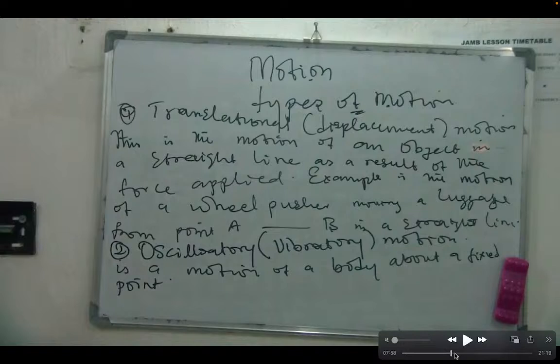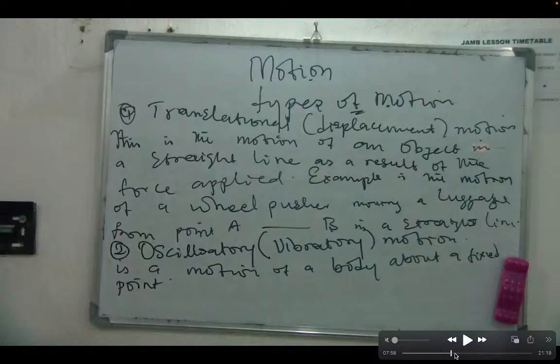So when you talk about the motion of, like, the guitar you use in your church, when somebody plucks the string of the guitar, you find out that the string is moving up and down about a fixed point. We call that vibratory motion. Another good example of oscillatory or vibratory motion is the movement of a simple pendulum. Whenever you tap a simple pendulum, it goes up, down, making such motion for some time before it halts.